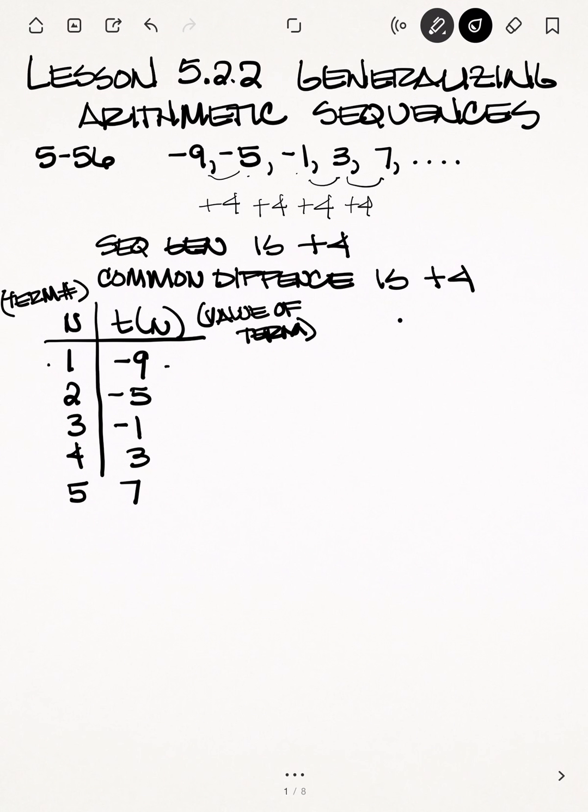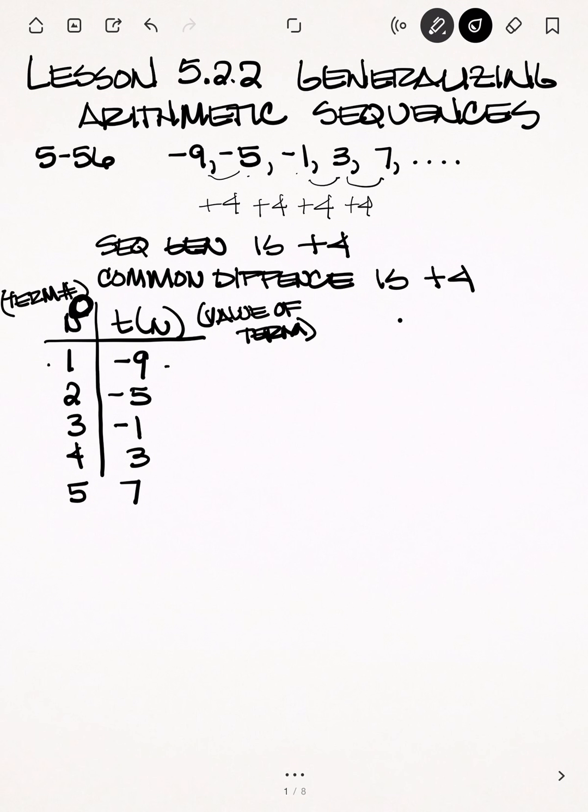The next question asks, what is t of n when n equals 0? Well, we don't have n as 0 here, so right above it, we're going to put 0. We want to know what would be the value of t of n if we could have a 0 term. We need to know that because when we write our equation, we want to know what the starting point is.